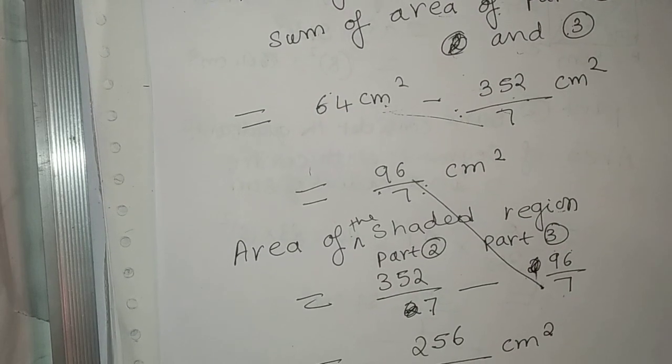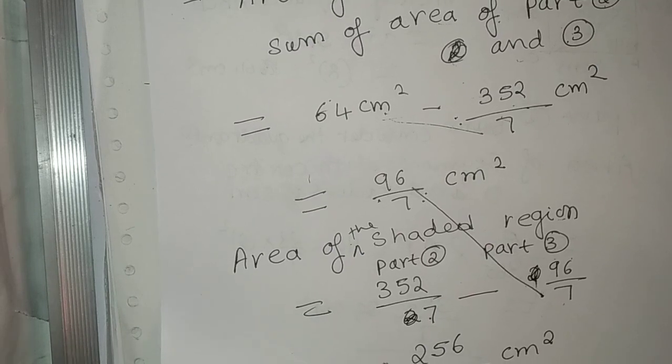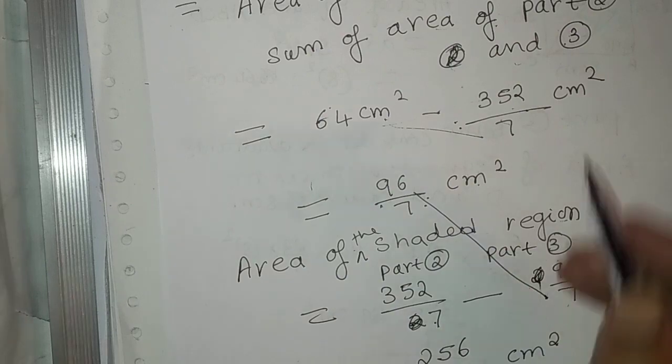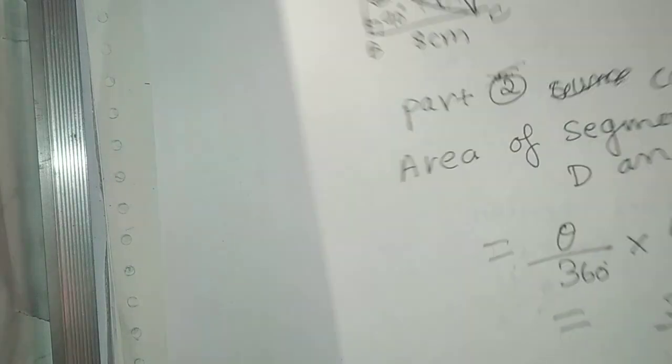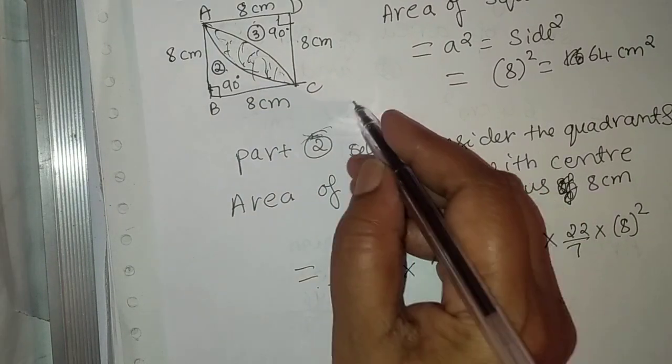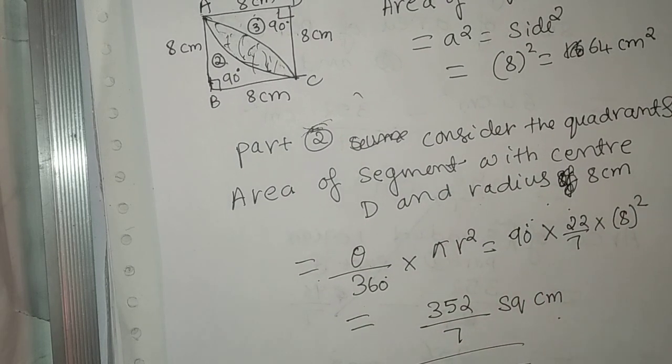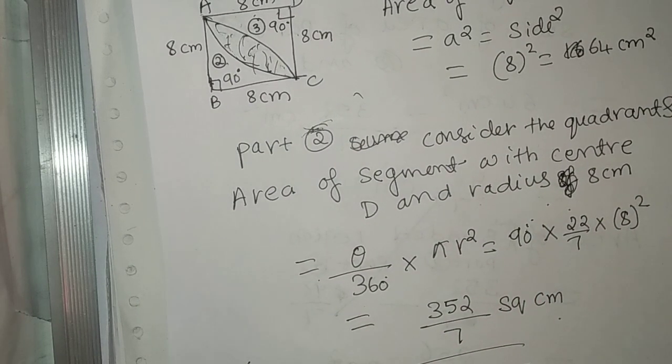Finally, I'll just take this part 3 because it is confusing. Here this is the sum of quadrants, part 1 and 2.